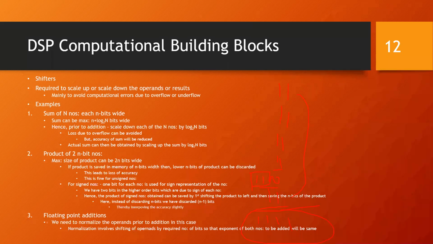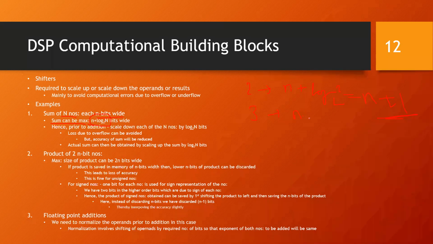Now if another one is added, that is 5 numbers, we have these things. So one observation is, if we have n numbers and each is n bits wide, then the sum can be a maximum of n plus log n to the base 2 bits. We saw that if two numbers are added, it is the number of bits plus log 2 to the base 2, which is n plus 1. That is what we had seen in the previous case.